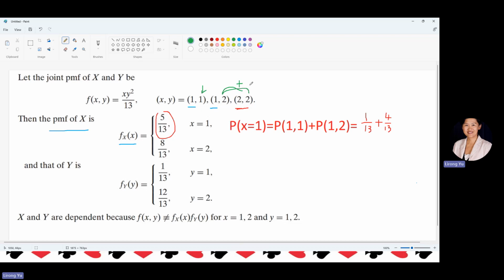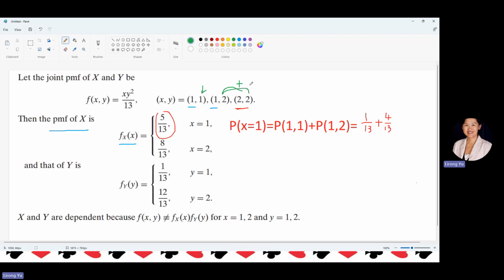Since there are only 2 cases, if you get the probability of y equal to 1, the probability of y equal to 2 must be the opposite, so you can do the subtraction: 1 minus 1 over 13 is 12 over 13. Or you can just add them: for (1, 2), that's 4 over 13, and for (2, 2) it's 8 over 13. 4 over 13 plus 8 over 13 is 12 over 13. That's where the marginal density comes from.